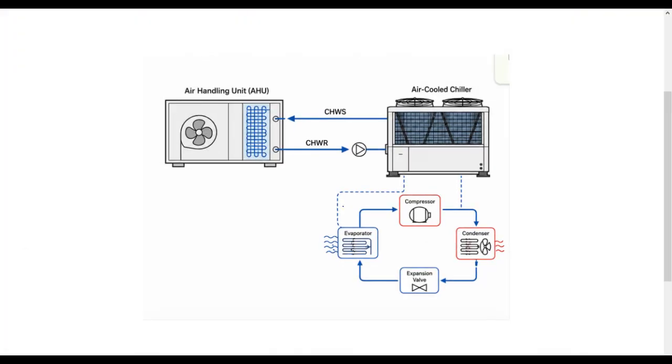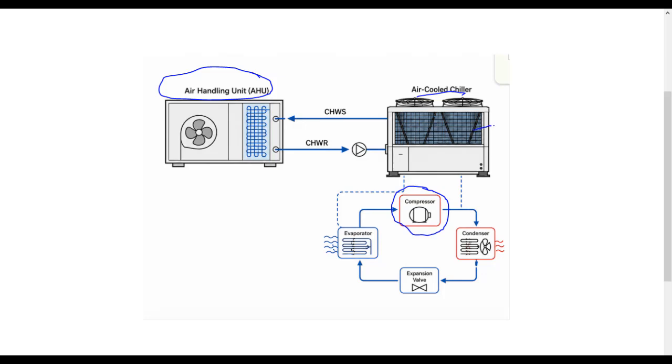Here you see how an air cooled chiller works. This one is the air handling unit, and this is our air cooled chiller. This is basically a vapor compression cycle. When the refrigerant is in the compressor, after compression we get high pressure and high temperature refrigerant.